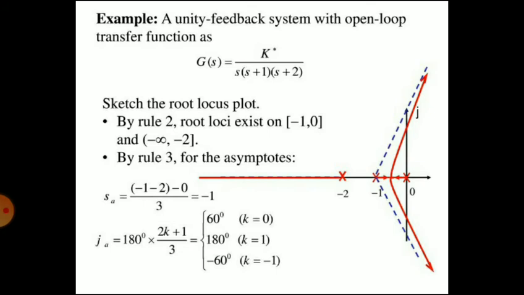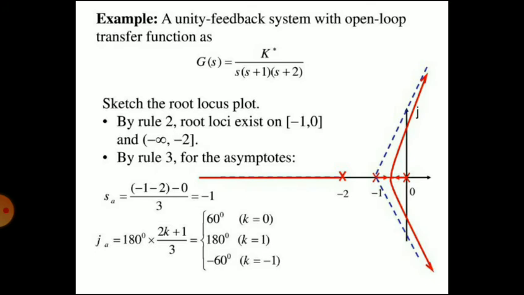If you take a point in between 0 and minus 1, on the right hand side only one pole will be there, so that point will be on the root locus. If you take a point in between minus 1 and minus 2, on the right hand side of that point there are 2 poles, so it is an even number, so that point will not be on the root locus.